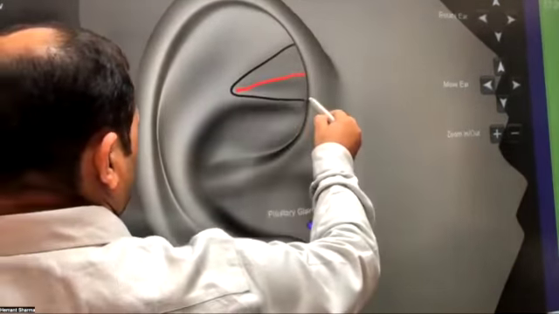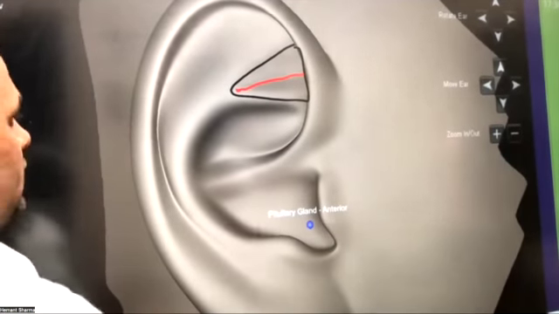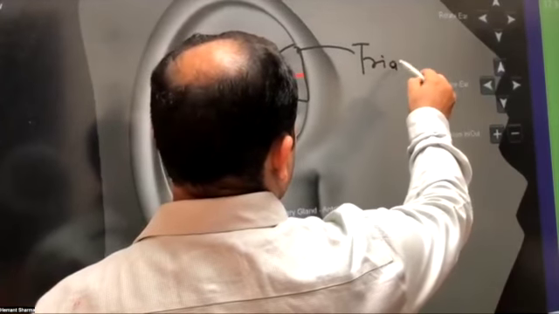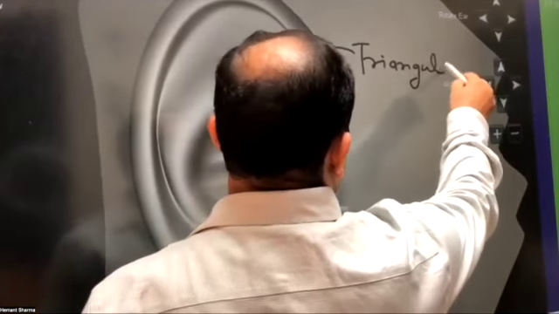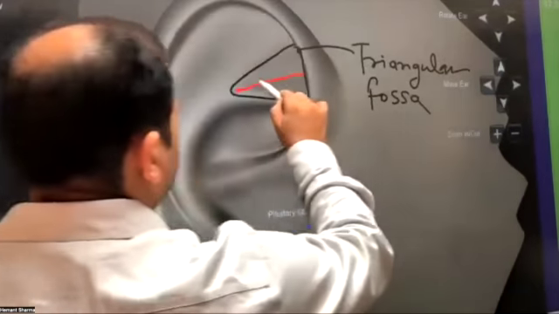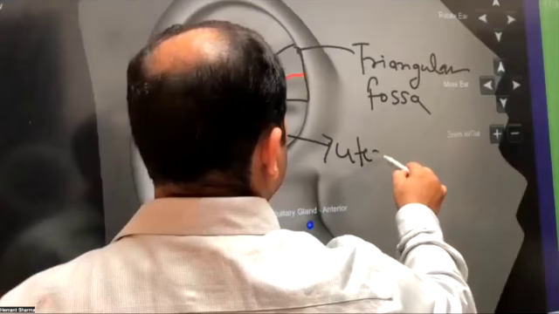In the center of this triangular fossa, हमारे triangular fossa के सेंटर में ये जो लाइन है इसे हम कहते हैं यूट्राइन लाइन.